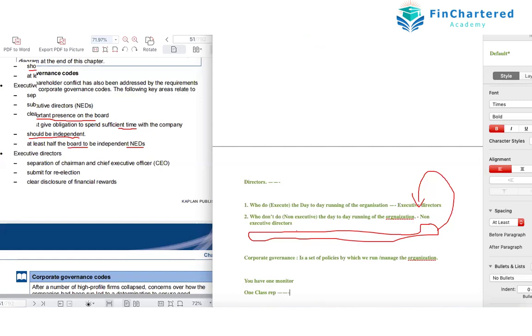Okay, class rep's job is to represent the class in all important matters related to activities, academic and non-academic. Class monitor's job is to watch and check if anybody is doing anything wrong.